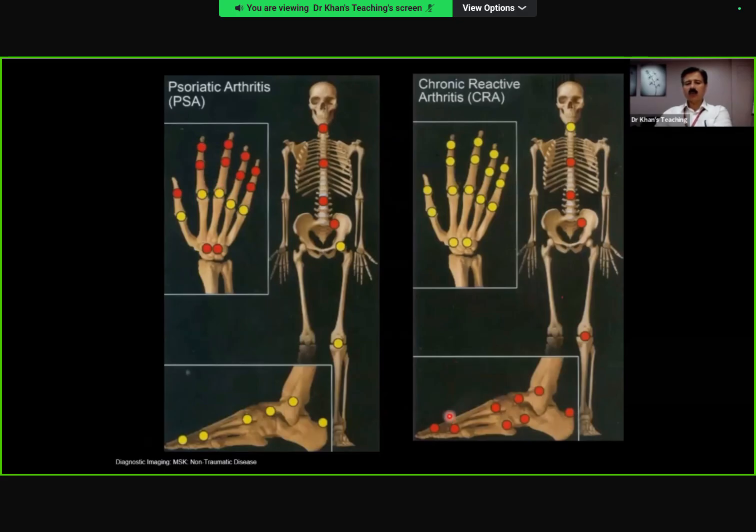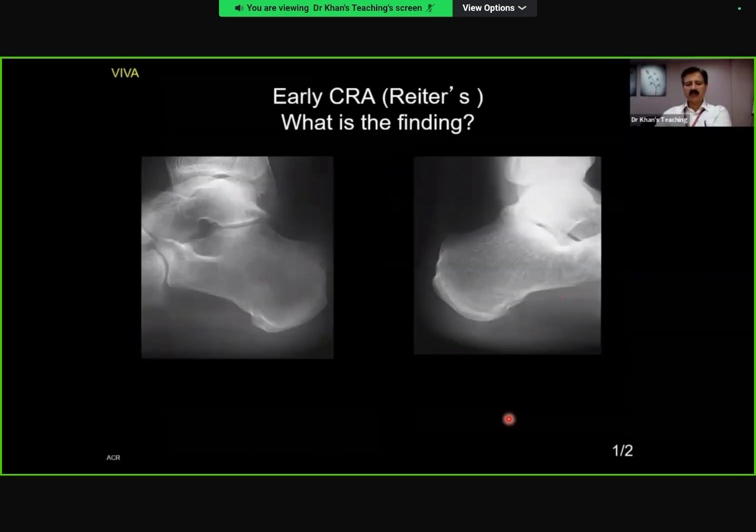If it is feet involvement, call it CRA. Please remember, that does not mean that hand or feet are not involved in vice versa cases. Having said that, more common is hand in PSA and feet in CRA.